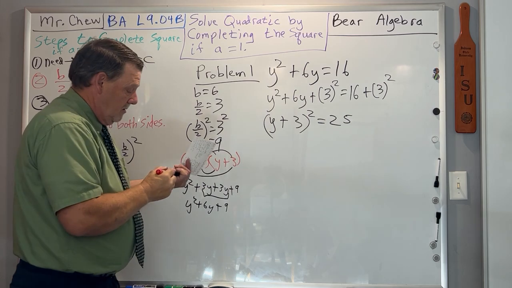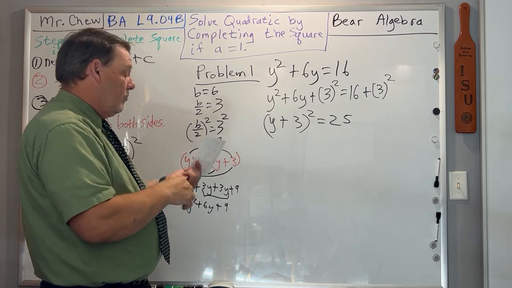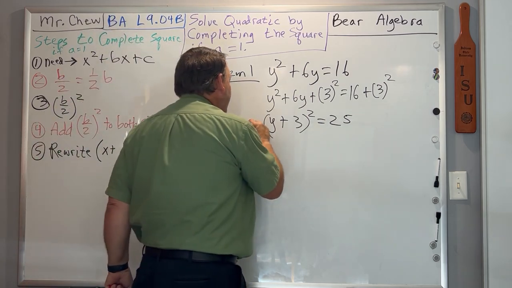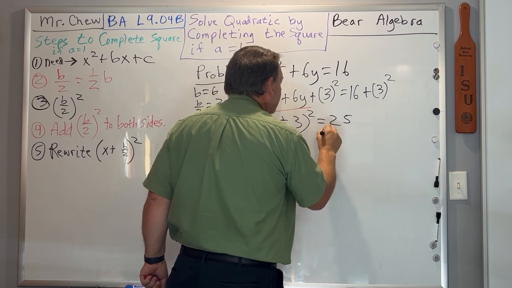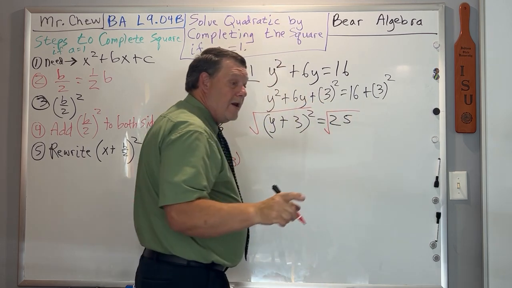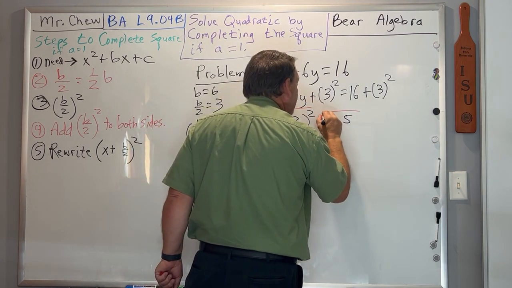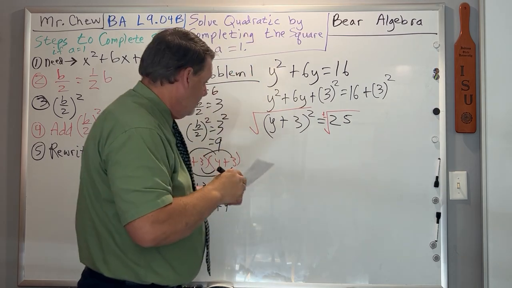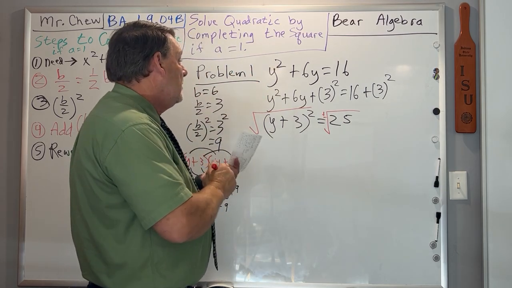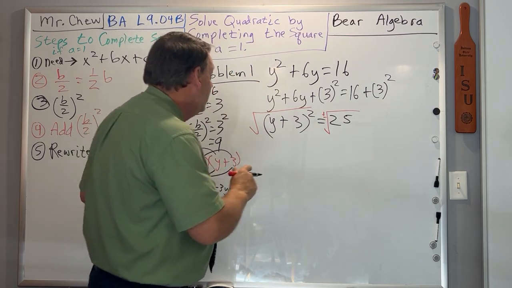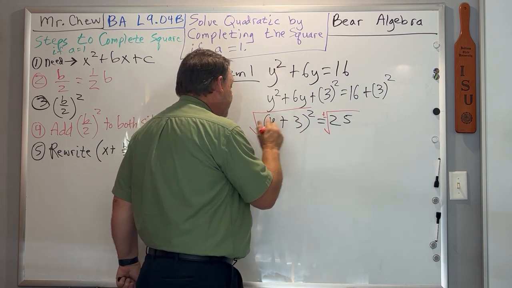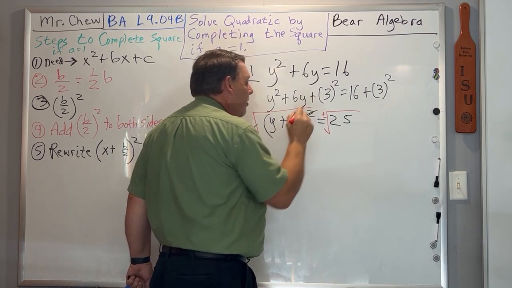That worked. Okay. So now I'm going to take the square root of the left and the square root of the right. And remember, when you take the square root, it's going to be a plus and a minus. So the square root of a square are inverses.